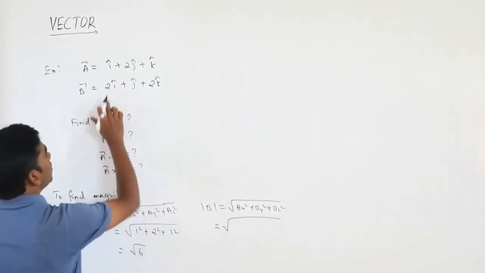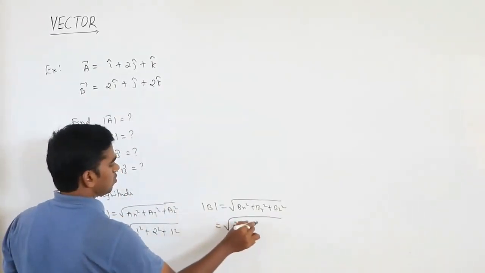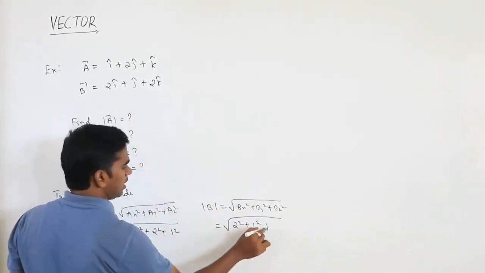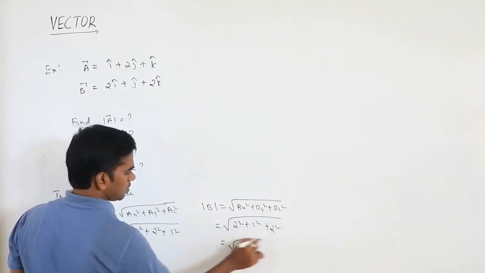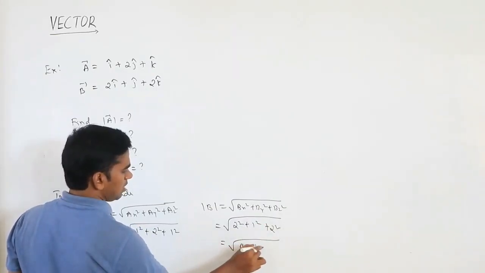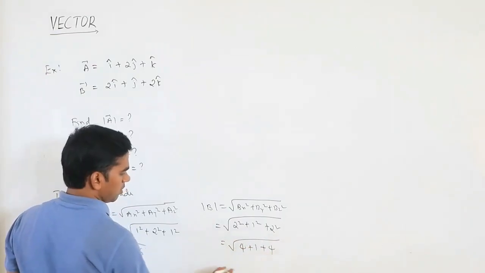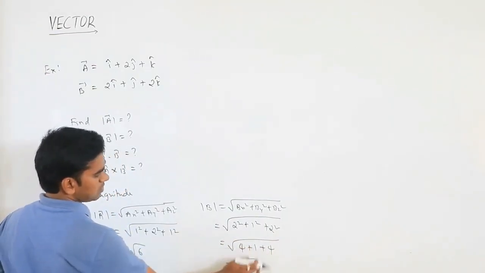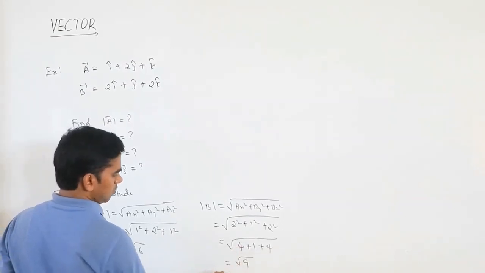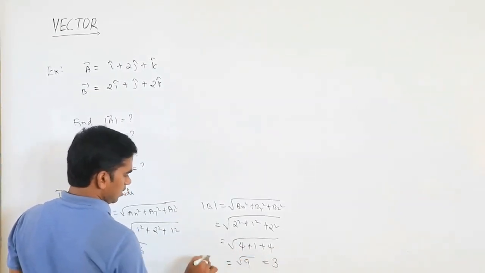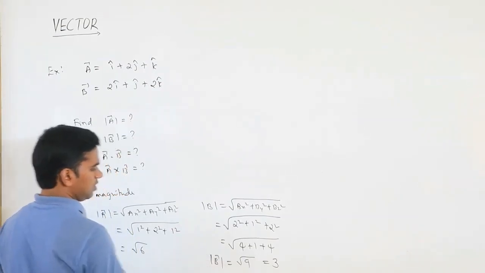Square root of 2 square plus 1 square plus again 2 square. This becomes 4 plus 1 plus 4, which is 9. So the square root of 9 is 3. So the magnitude of B is 3.